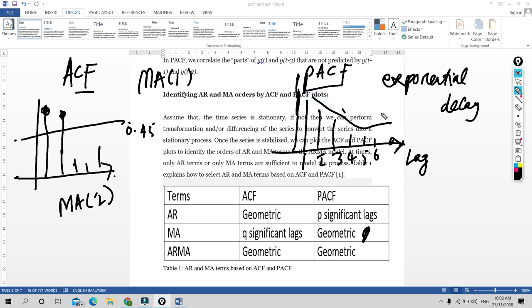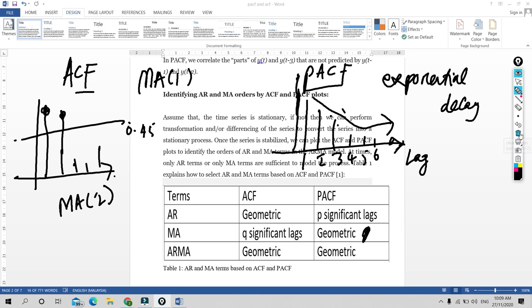This is known as an ARMA model. So depending on the ACF and the PACF, this is how we use them to determine our model. Okay?